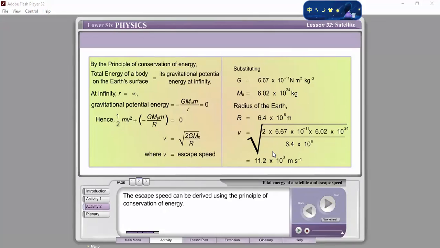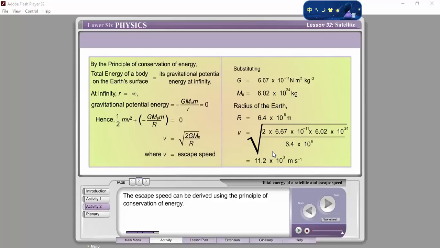First, why must we use a satellite or a rocket to bring the astronaut to space? The first reason is that we cannot launch with 11.2 times 10 to the power 3.